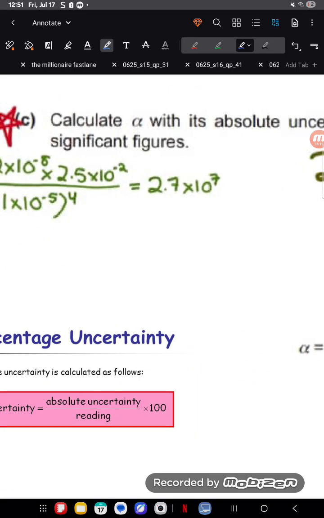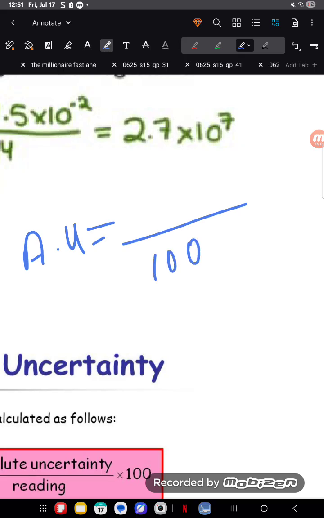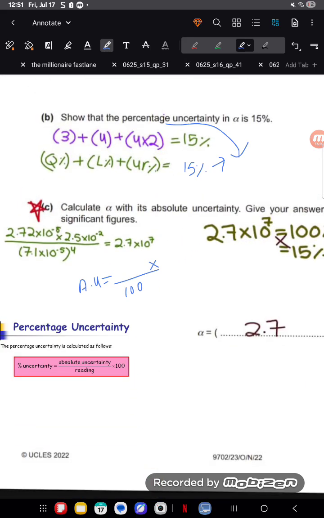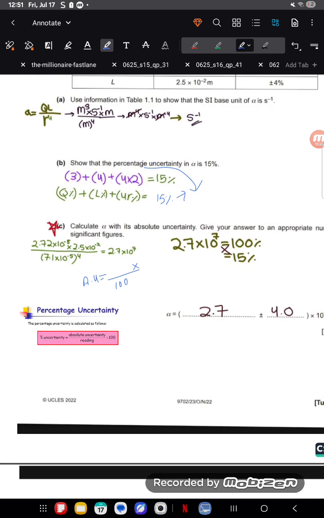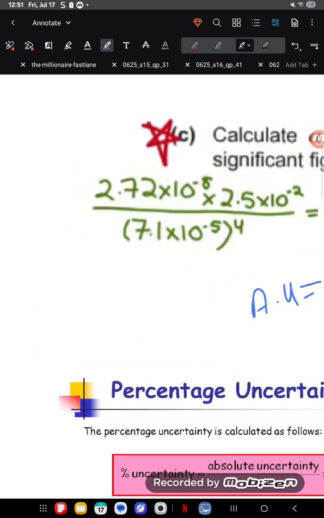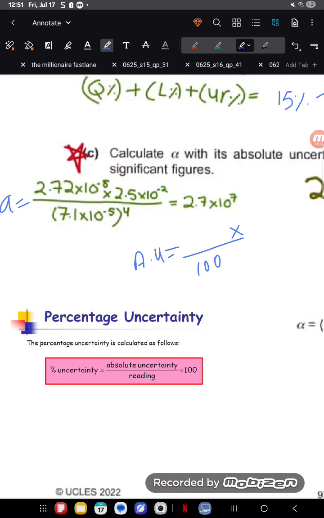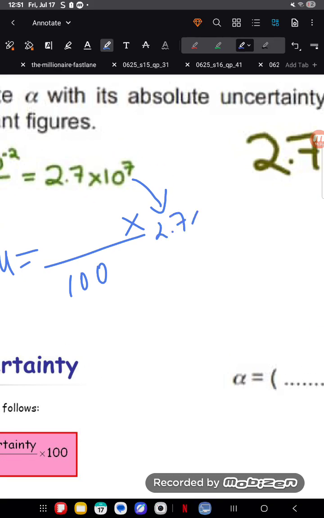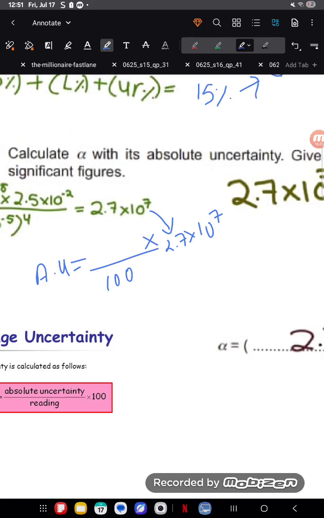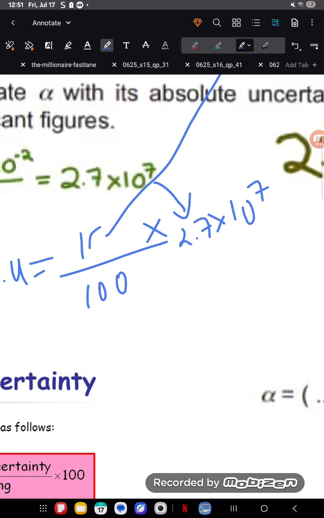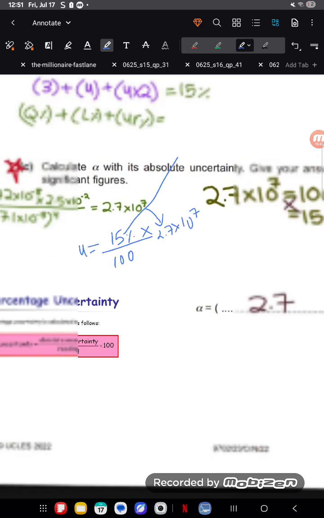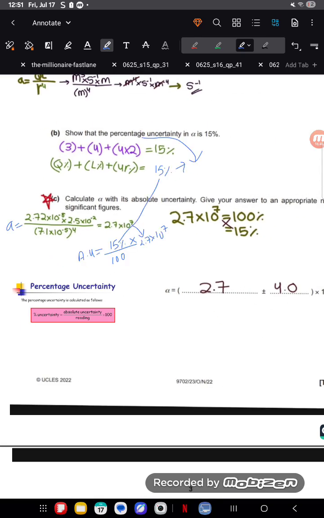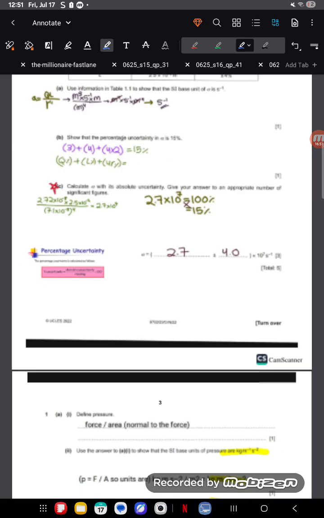So for absolute uncertainty this is divided by 100, and this is the reading you will get from here. Here she calculated the value of a, right? Reading is the value of a. So this one will be here, and this one will be here, right? 15. So you will get 15%, you will get absolute uncertainty. We write here first the value of n.